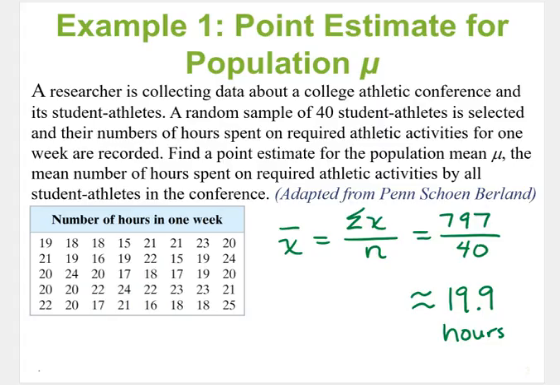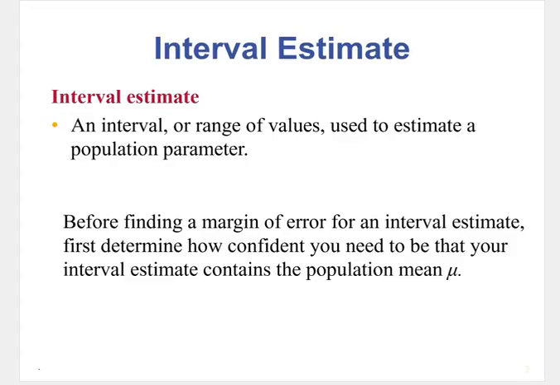All right, and then we're going to take this point estimate and build around it. We're going to do an interval estimate to create some level of confidence around that point estimate, to say, hey, we're pretty sure that this is where our real population mu lies.